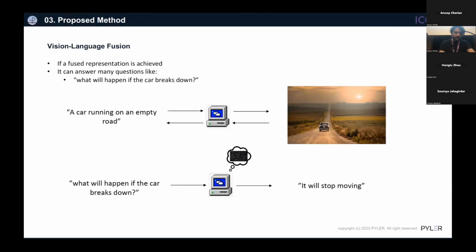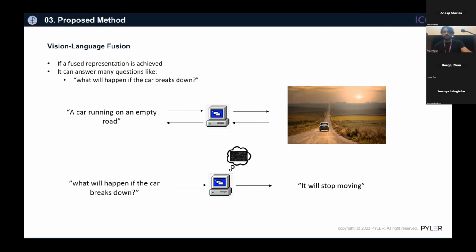In this figure, we can see the first part, like a car is running on an empty road and there is a picture. We have achieved this kind of level, where current models can learn a unified representation from image and text, but how can we move a step forward? Like what will happen if the car breaks down?